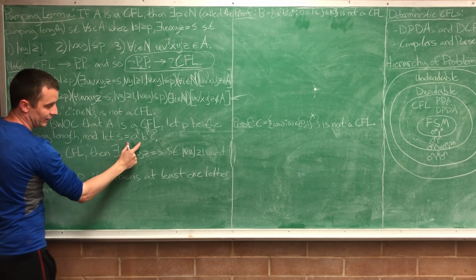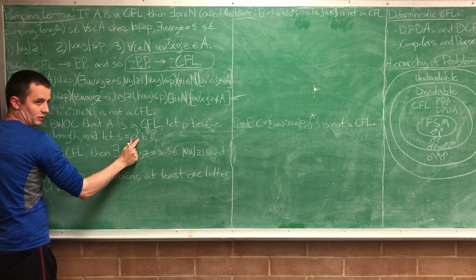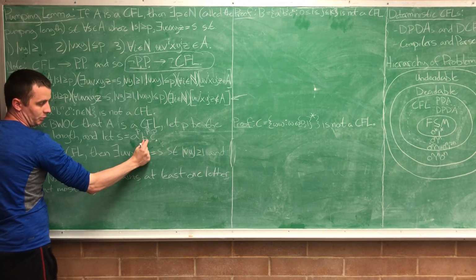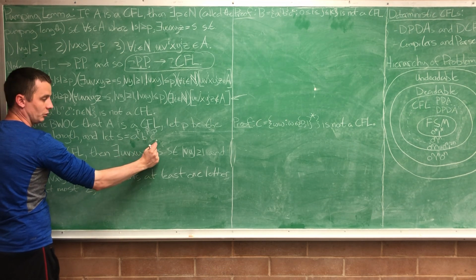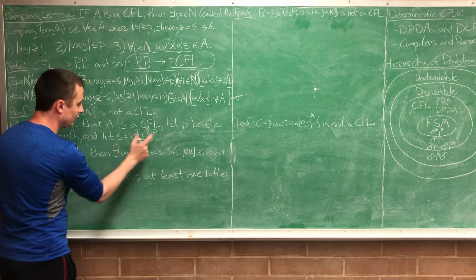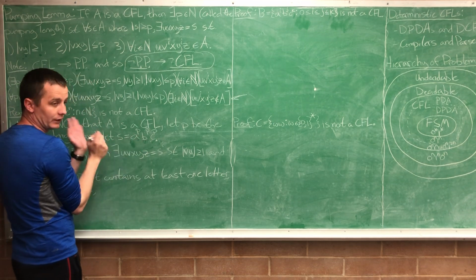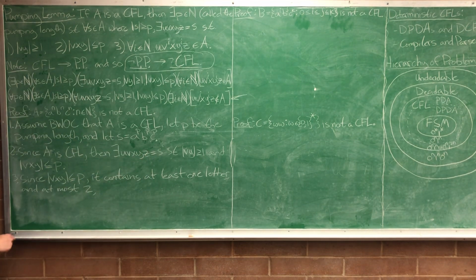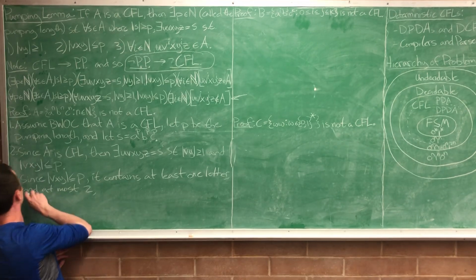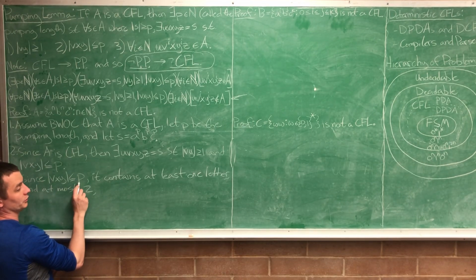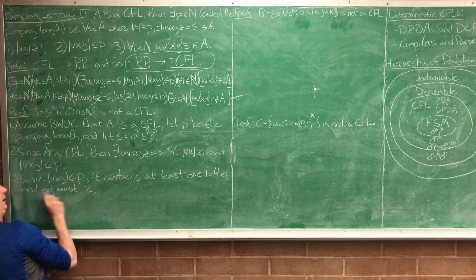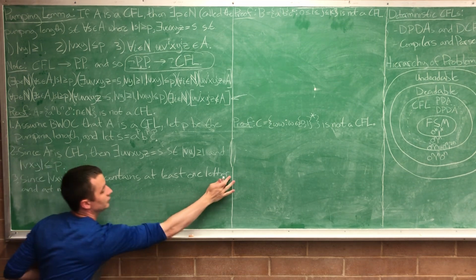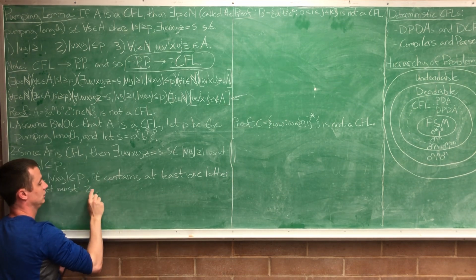In other words, since it has length at most p, it can be all a's, or it can be a's and b's, or it can be all b's, or it can be b's and c's, or it can be all c's. So it can contain at most 2 of the letters, and it has to contain at least 1 of the letters.